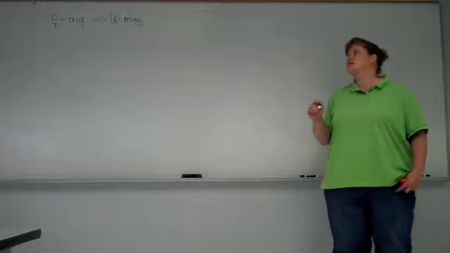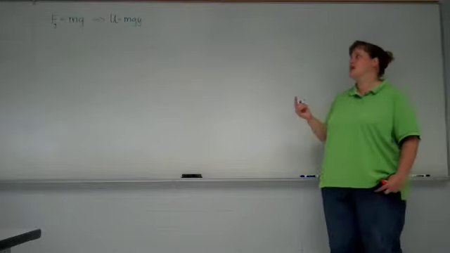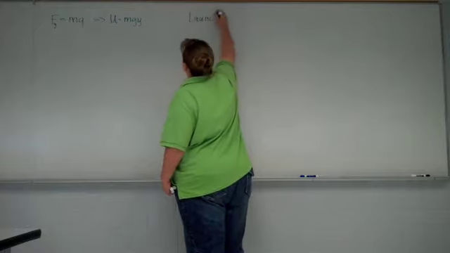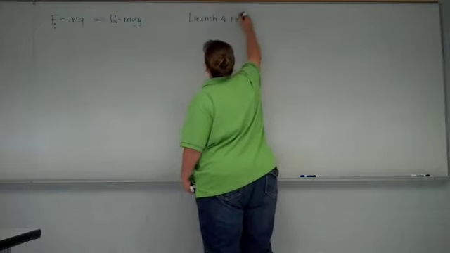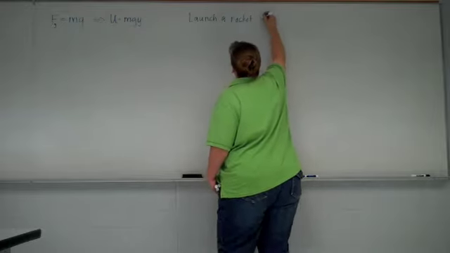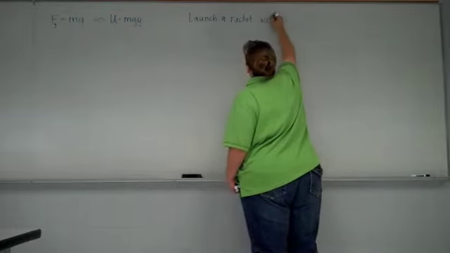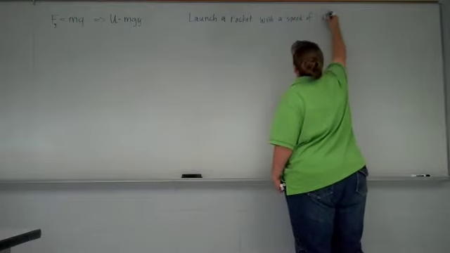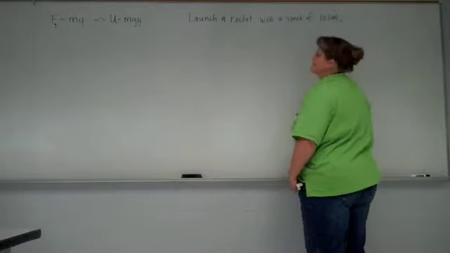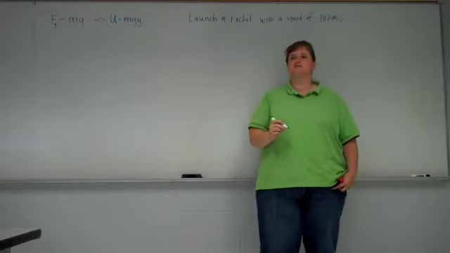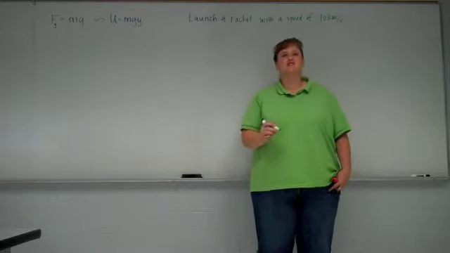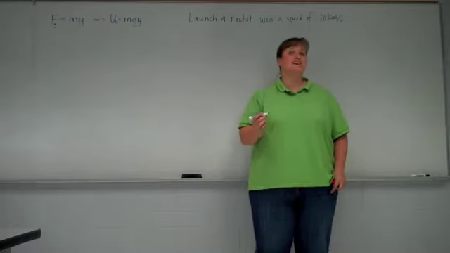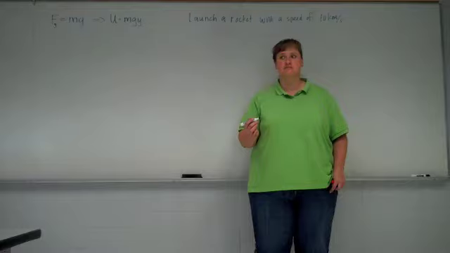But if we get to distances far from the Earth, say we're shooting a rocket into the air, if we launch a big time rocket at, say, 10 kilometers per second, moving really, really fast, it's going to go really, really far.